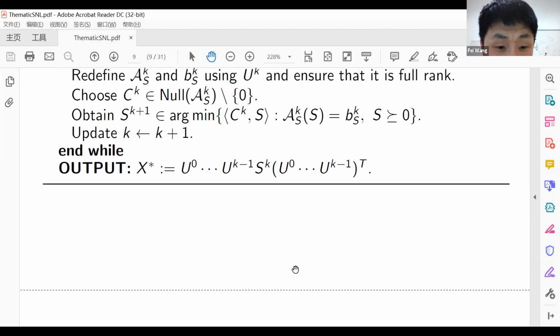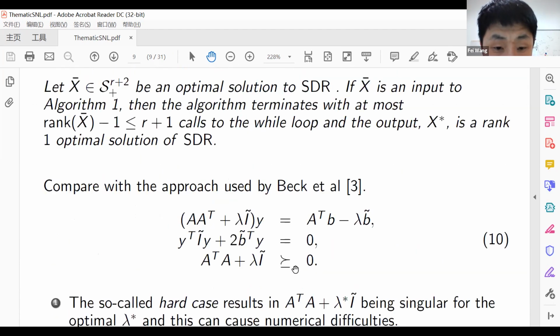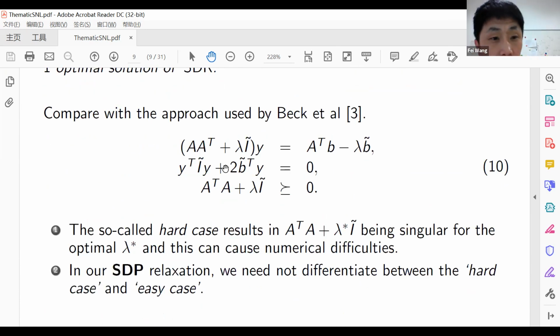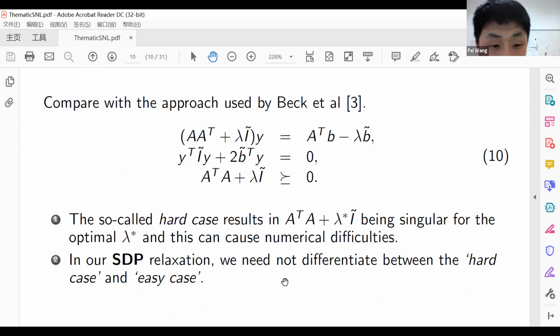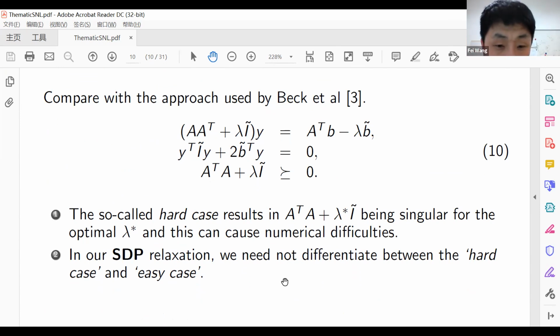Compared to the approach by Beck, we do not have this hard case. We do not differentiate between hard case and easy case. We just solve this SDP relaxation.